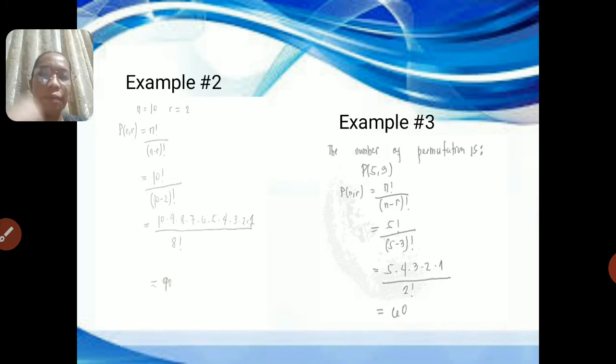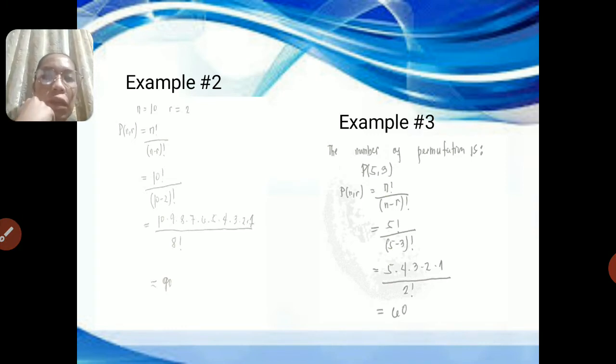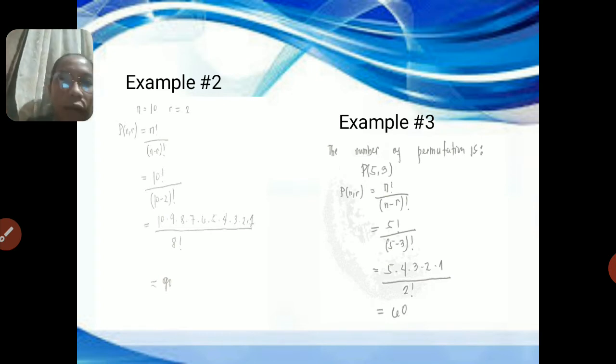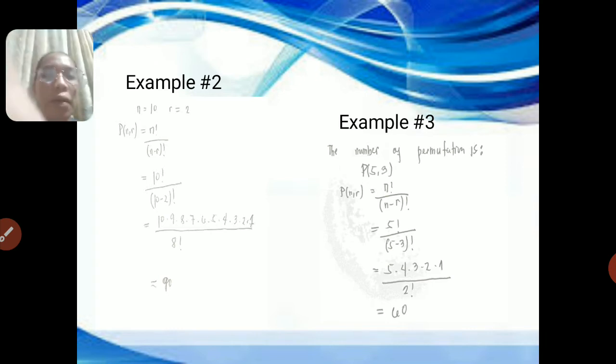The numerator is 10 factorial and the denominator is 10 minus 2 factorial. 10 factorial is 10 times 9 times 8 times 7 times 6 times 5 times 4 times 3 times 2 times 1.